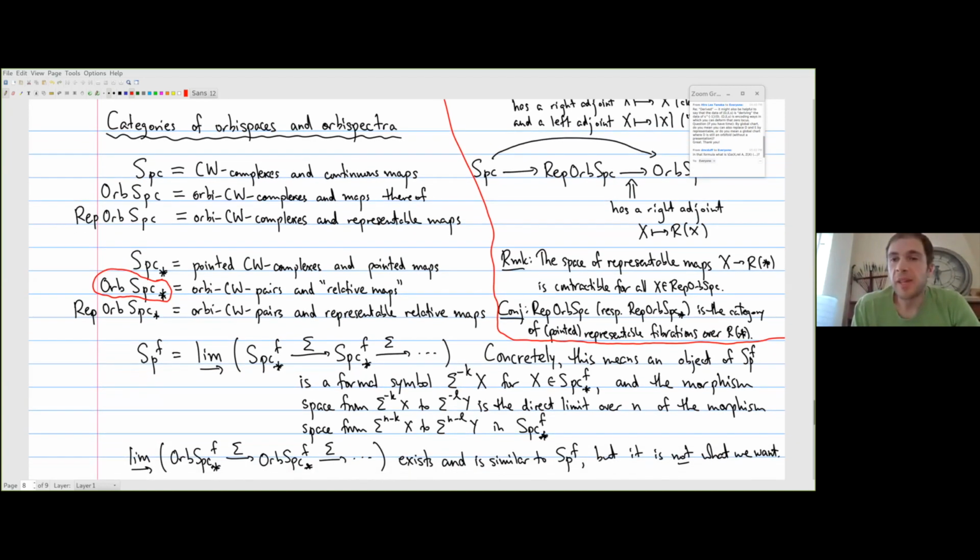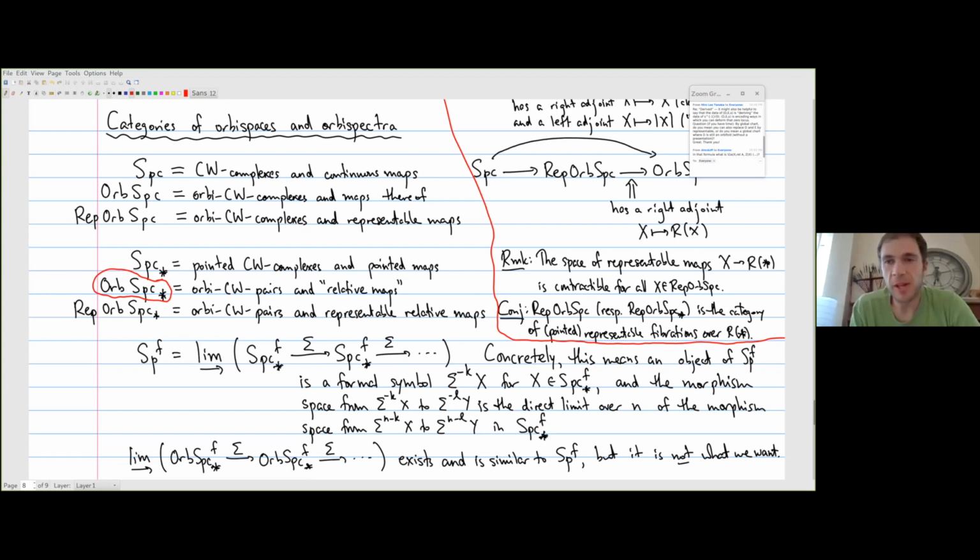So you can do the same thing in the Orbispace context if you like. You can consider this direct limit of iteratively applying suspension, in this category of Orbi-CW pairs. But this is not the category we're interested in, because in this category, you can only desuspend by coarse vector bundles.